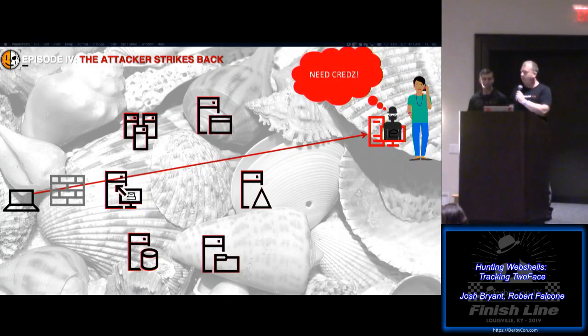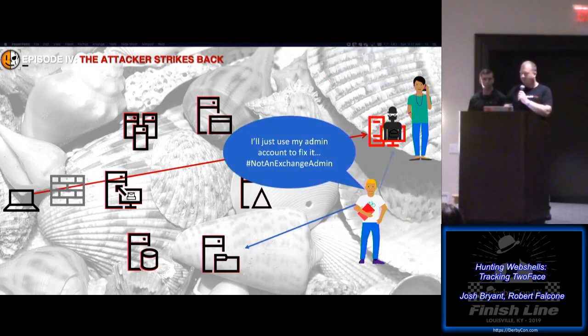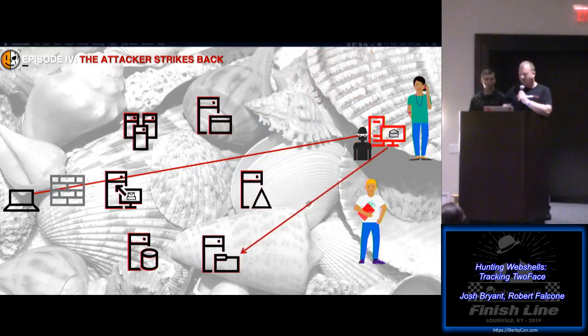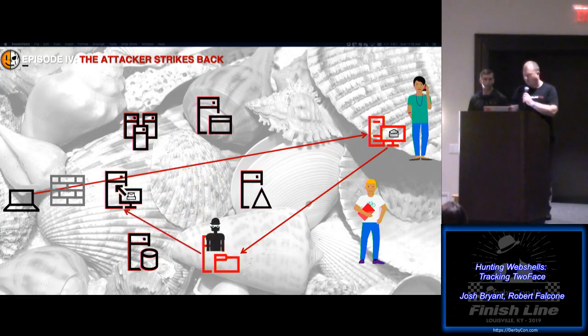But now they need to do some privilege escalation here, so they could do something like cause a little mayhem, which makes our help desk guy come out, and he's going to use his admin creds on this system and expose credentials again. In this scenario, our admin is not an Exchange admin, but he has admin privileges to the file server, and our attacker is going to take advantage of a misconfiguration that he finds on the Exchange server to now implant his web shell over there.